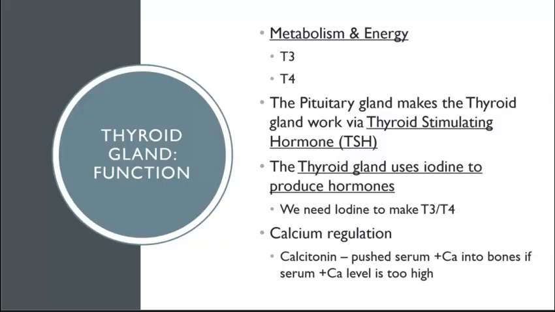Hypothyroid, their metabolism is down, their energy is down, everything is slowed down. So when I picture hypothyroid, I think Eeyore, off of Winnie the Pooh. He's kind of chunky. He's kind of depressed. He's very slow. But Eeyore is sitting on the beach wrapped up in blankets.